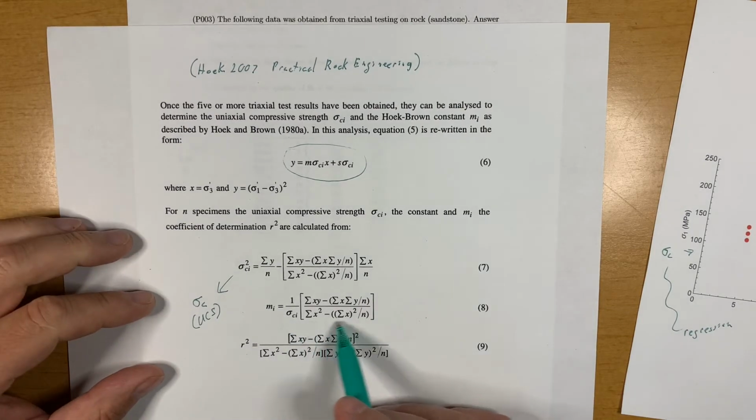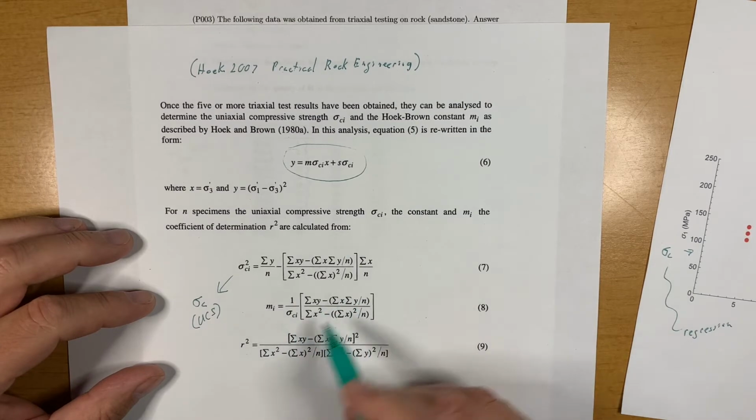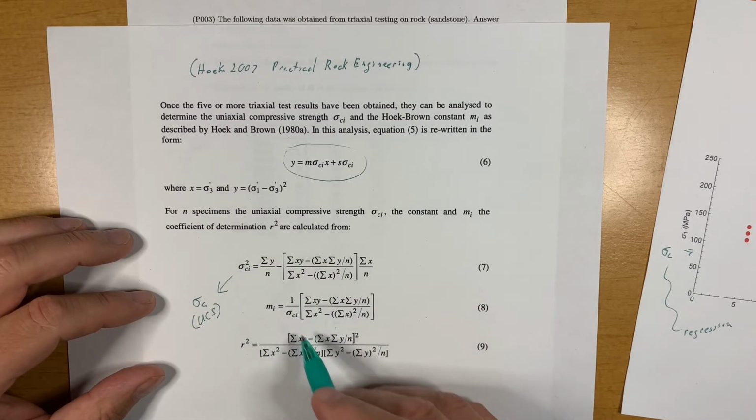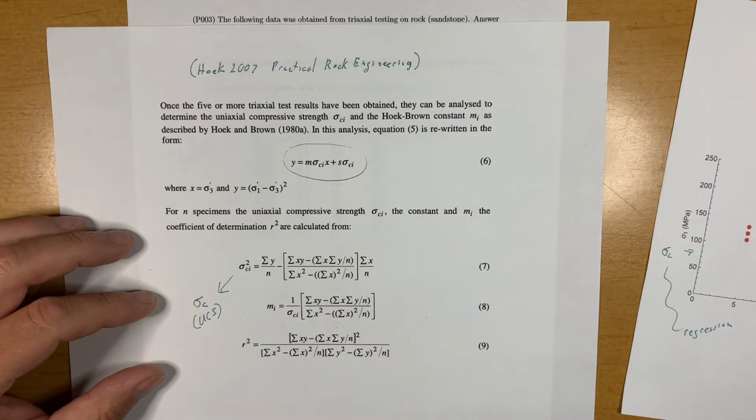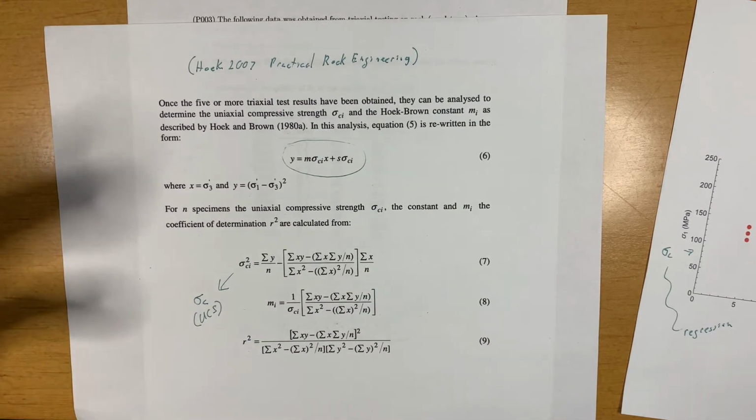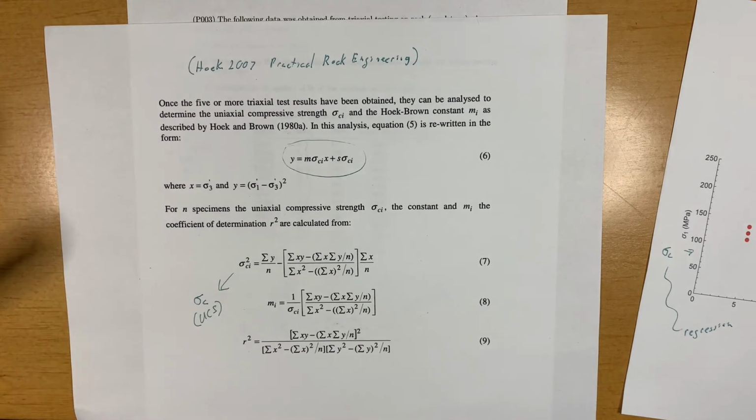And here we have mi, and again the sigma c in this is also the same. And we have an r squared value so that we can assess the quality of our fit and our parameters.